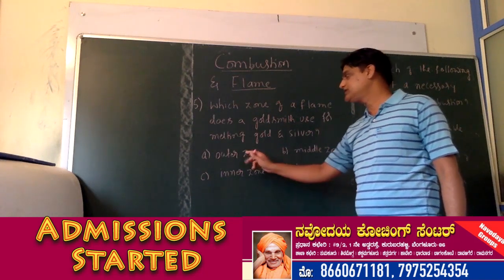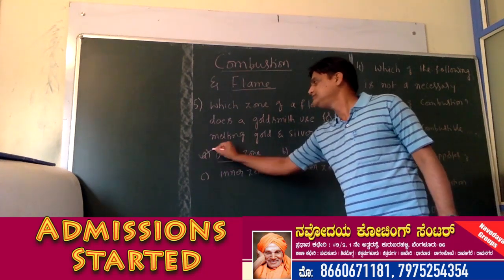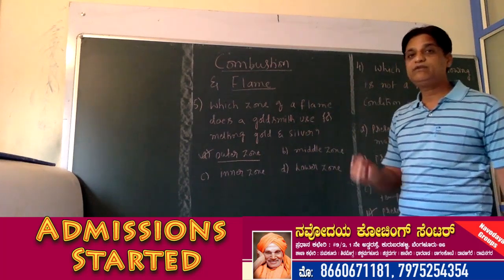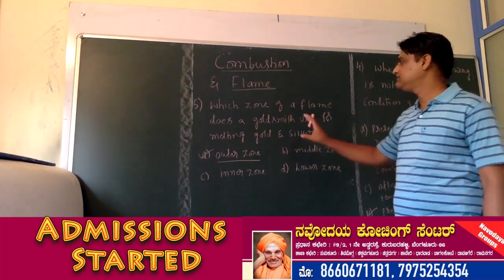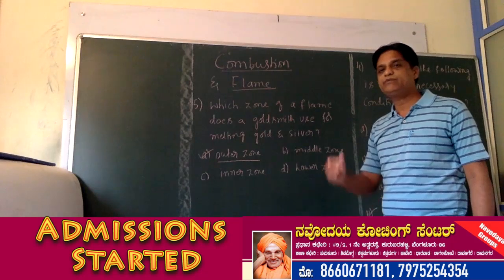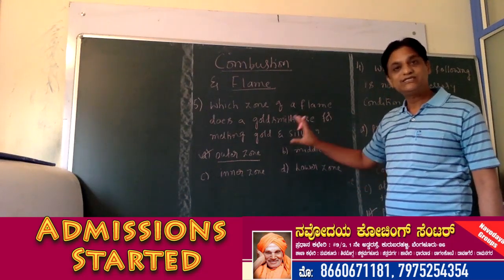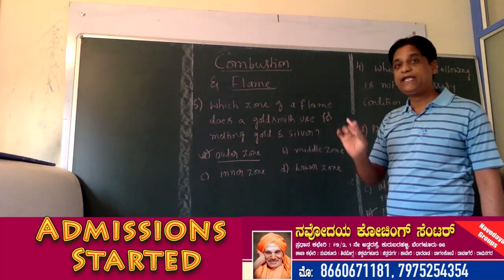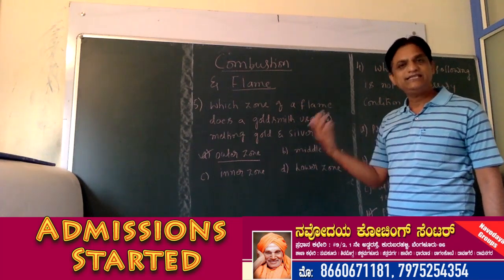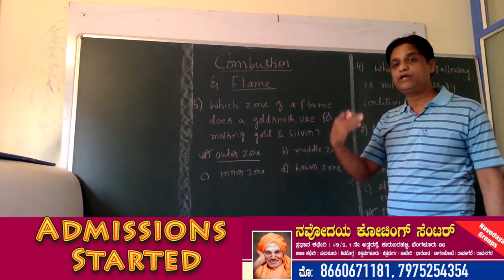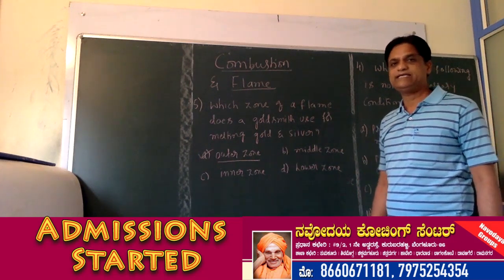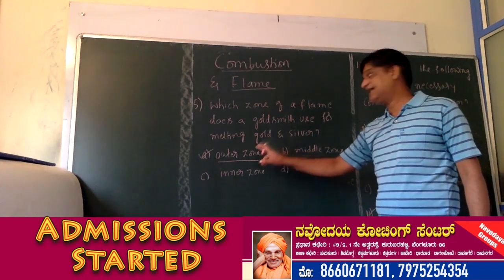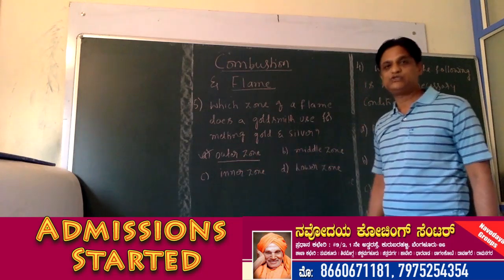If he uses the outer zone, where the temperature is very high, the process of melting can be done easily. These application level questions you can expect more in competitive examinations. So here the answer is outer zone.